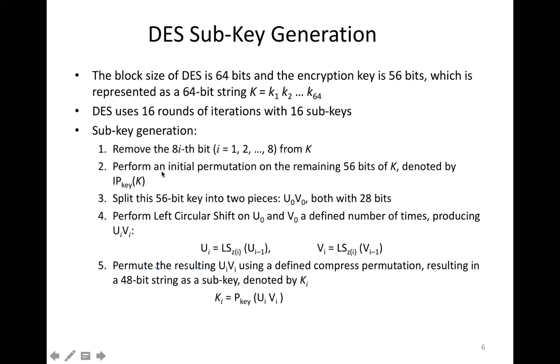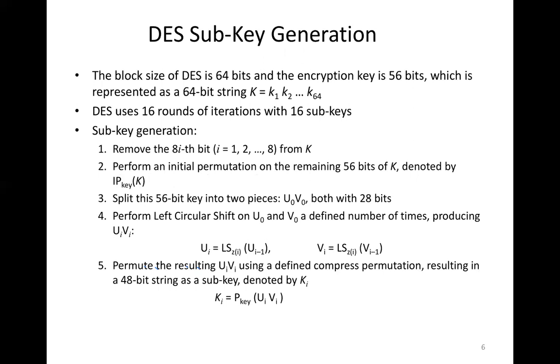And then it performs an initial permutation. This is a permutation on the remaining 56 bits of K, and that initial permutation is denoted by IP, initial permutation, and this is for the key. So the input is the 64-bit key.